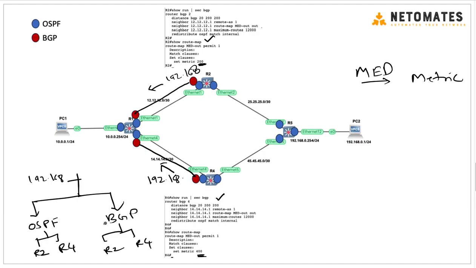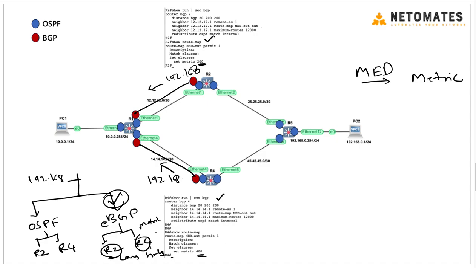eBGP has the lesser administrative distance value, so this will be selected out of these two routing protocol sources. Inside that, both will have the same AD value, so now it will use the metric to choose the best one. In this case, R2 has the lowest metric, R4 has the highest metric.